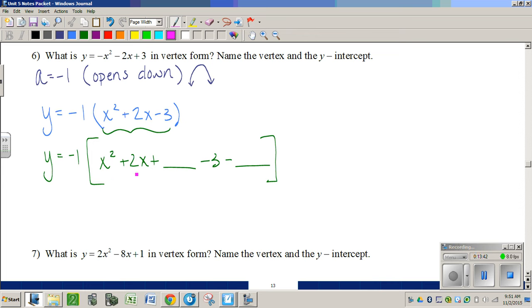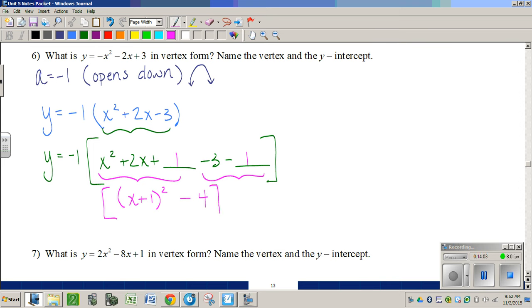So I've got, let's see, half of 2 is 1. 1 squared is 1, so it's going to go there and there. So inside my brackets, I've got my perfect square trinomial, which factors to x plus 1 squared. And then if I combine my like terms over here, I have minus 4.